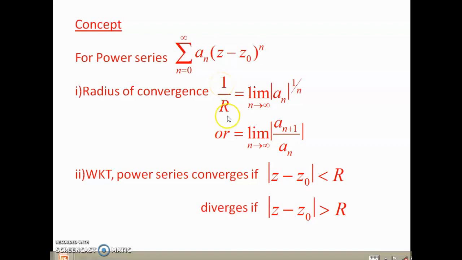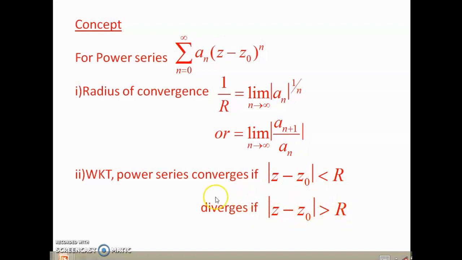That is 1 by r is equal to limit n tends to infinity modulus a n whole power 1 by n, or this is equal to limit n tends to infinity modulus a n plus 1 divided by a n. So a n here is the coefficient of this power series. Also we know that this power series converges in this circle of convergence, that is modulus z minus z0 less than r, and diverges for mod z minus z0 greater than r.